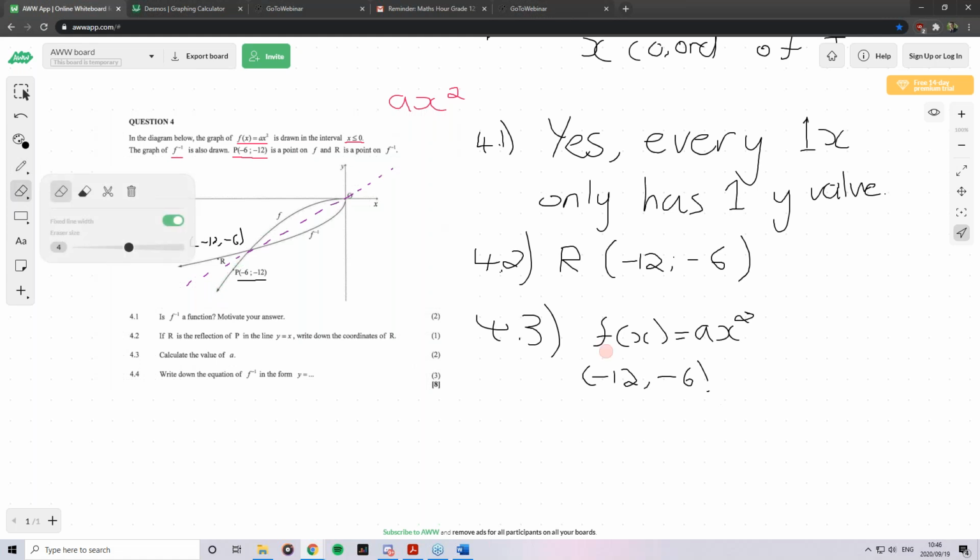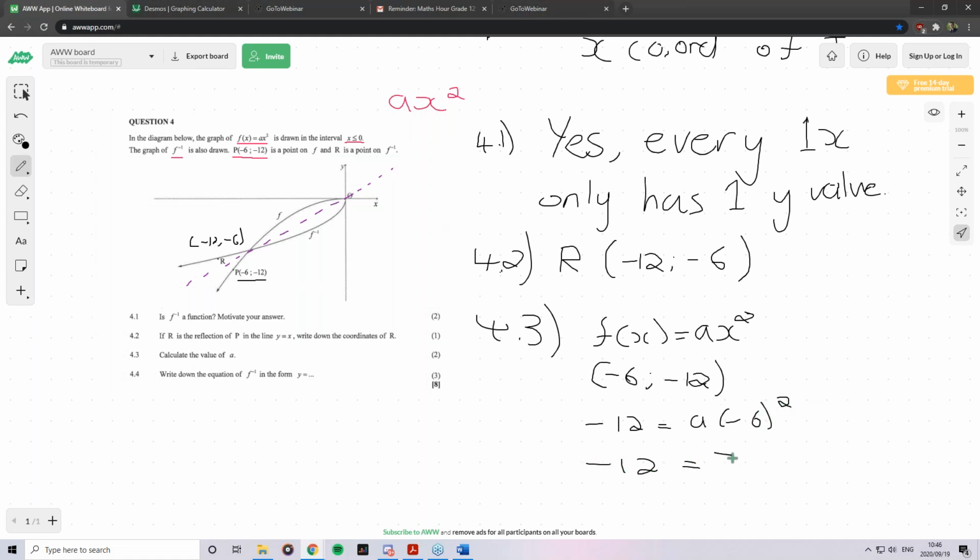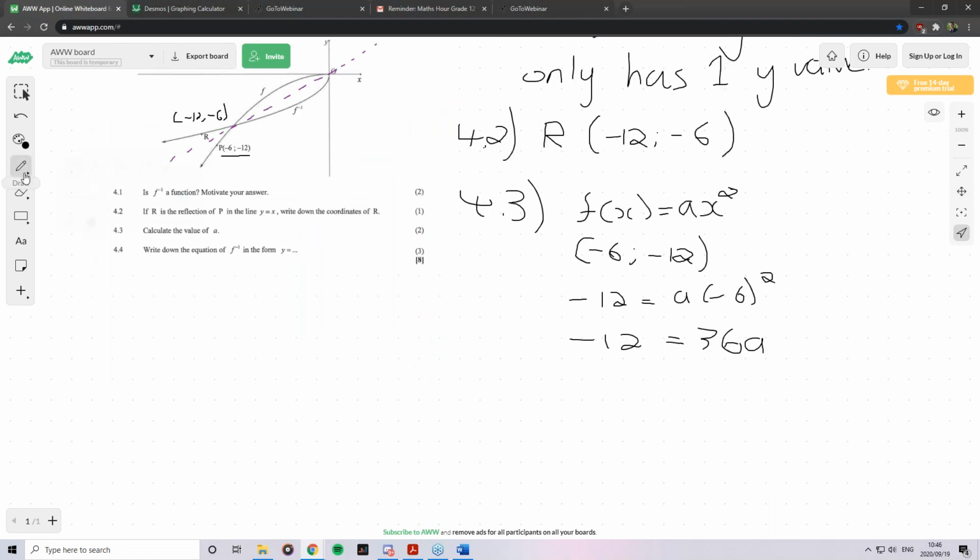So we have that minus 12 is equal to a times minus 6 squared. And you have minus 12 is equal to 36a. So we have a is equal to minus 1 over 3.